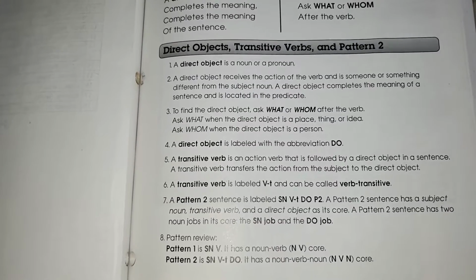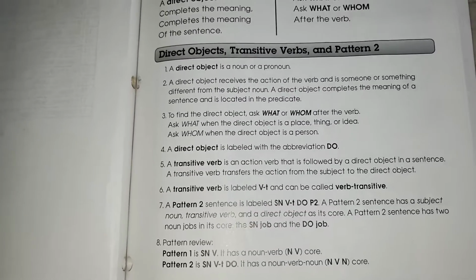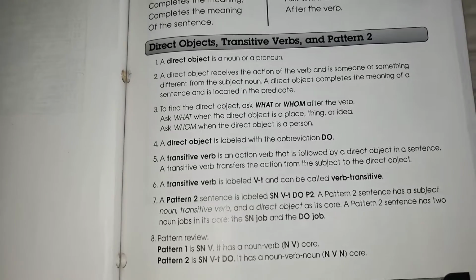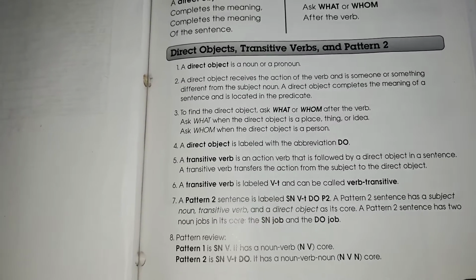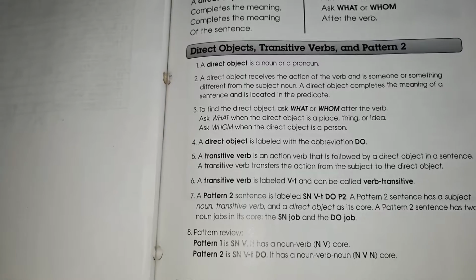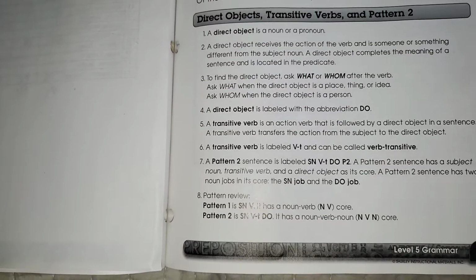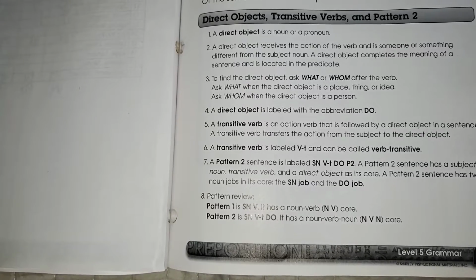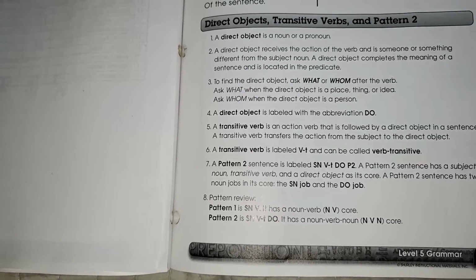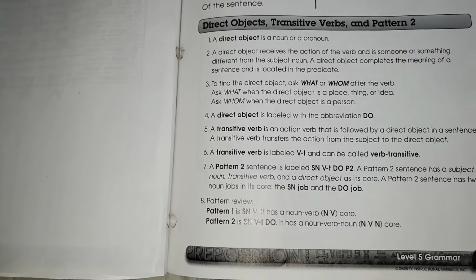All right, so when you have a direct object, you're going to label your verb differently as well. A transitive verb is an action verb that is followed by a direct object in a sentence. A transitive verb transfers the action from the subject to the direct object.